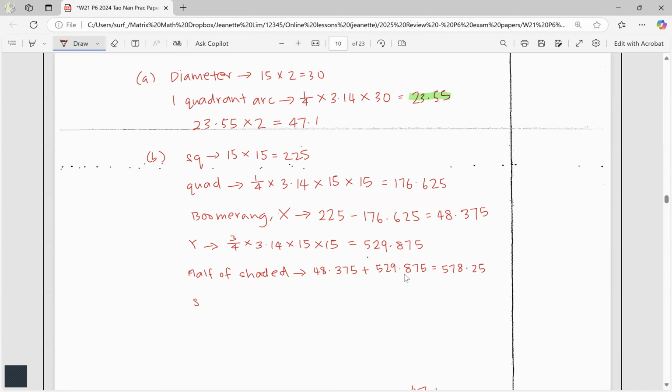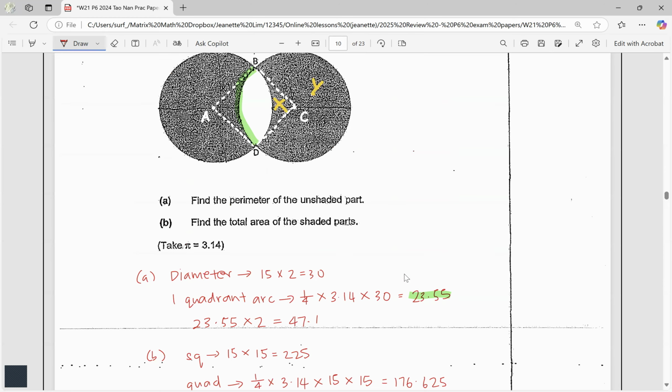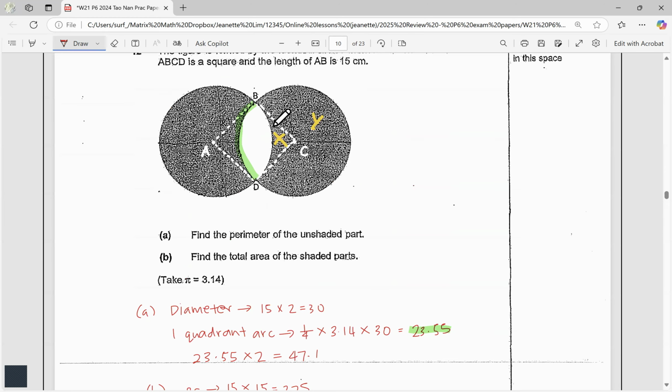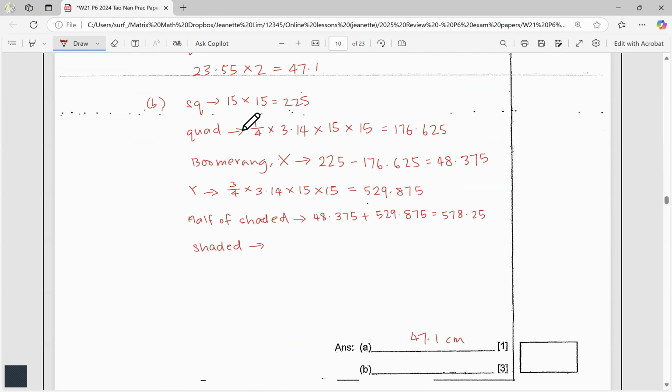So the shaded part will be twice of that, because X and Y is half of the shaded part. To find the complete shaded part, you times 2, which gives 1156.5. So that's the answer, 1156.5. Write your units, square cm.